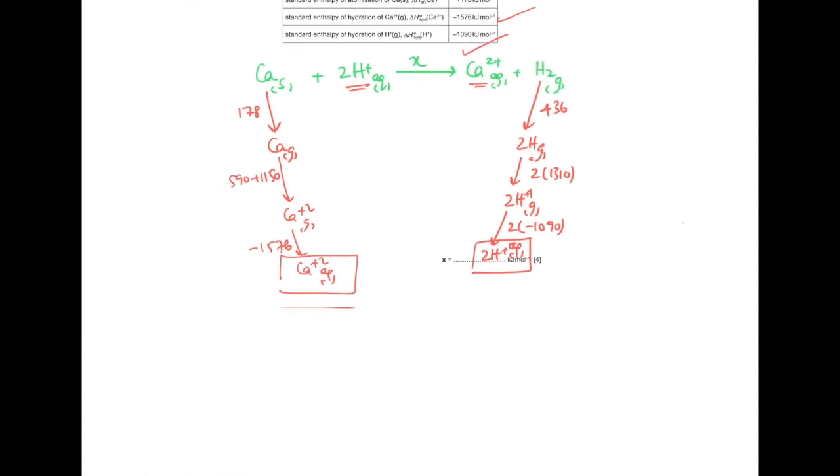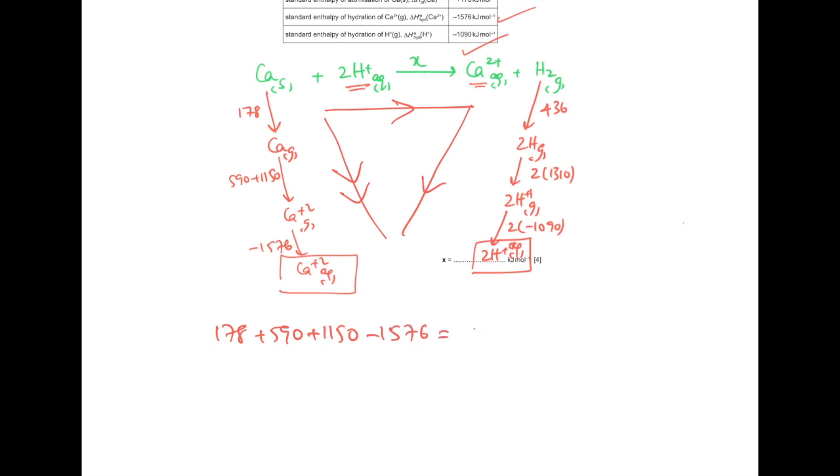So basically, can I say that this plus this is equal to this? So I can say 178 plus 590 plus 1150 minus 1576 is equal to x plus 436 plus 2 times 1310 plus 2 times minus 1090.